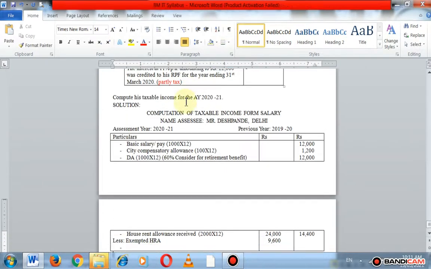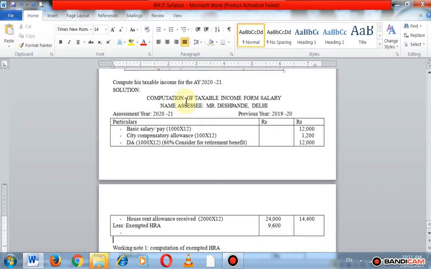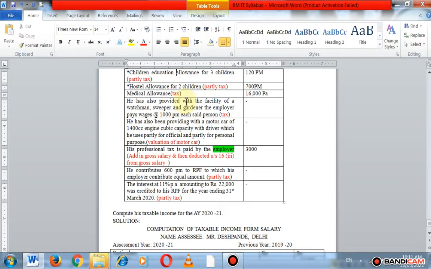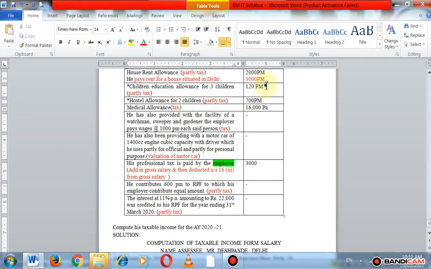So first of all, the education allowance received for 3 children amounted to rupees 120 per month.